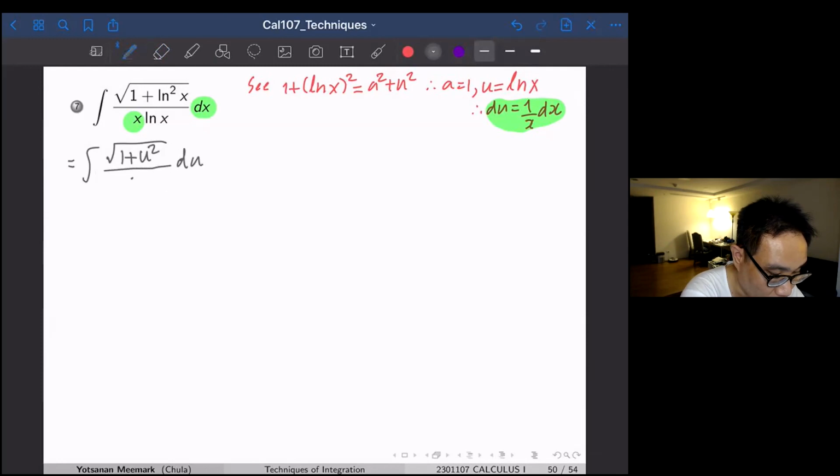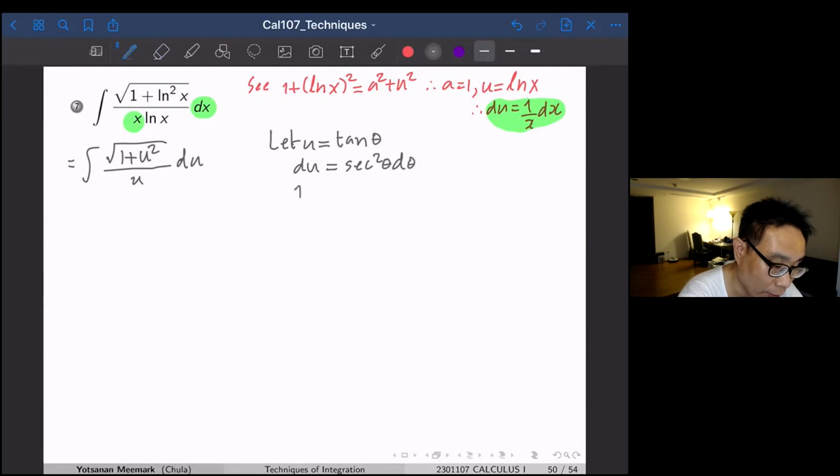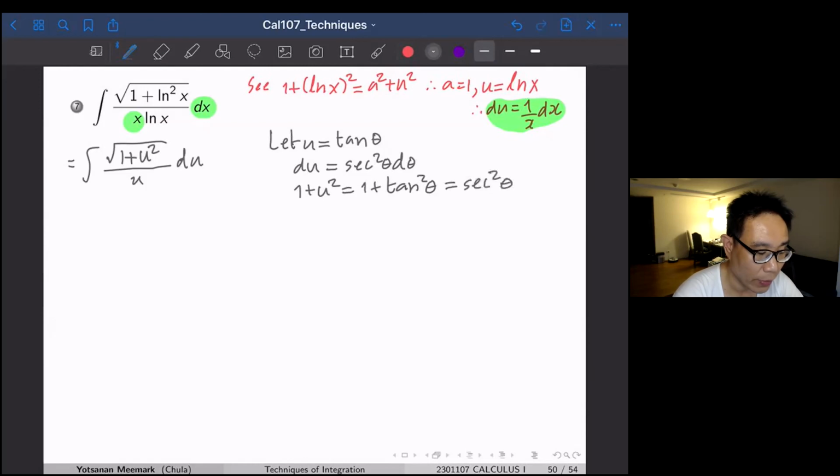And you have u. You're going to substitute u equal to tan theta. So you get du equal to the derivative of tan, which is secant squared theta d theta, and you have 1 plus u squared equal to 1 plus tan squared, which equals secant squared.